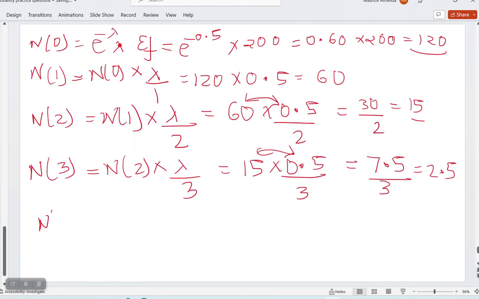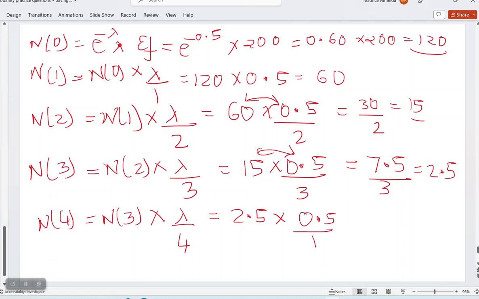Similarly, n of 4 is n of 3 into lambda upon 4. So n of 3 is 2.5, into lambda, which is 0.5, upon 4. If you multiply, you'll get 1.25 upon 4, and this will come out to be approximately 0.31.